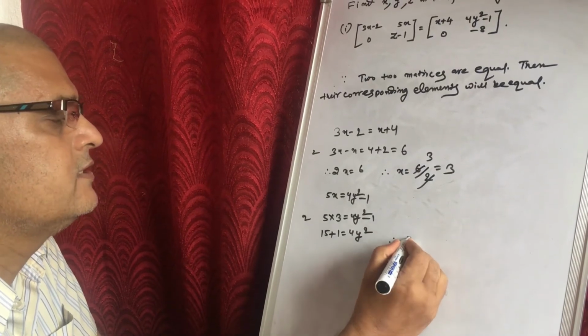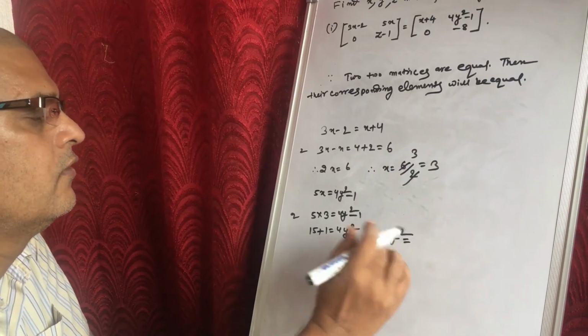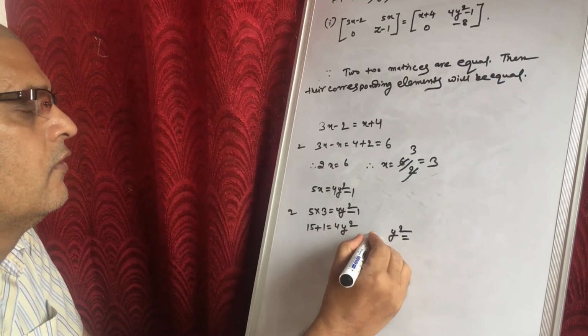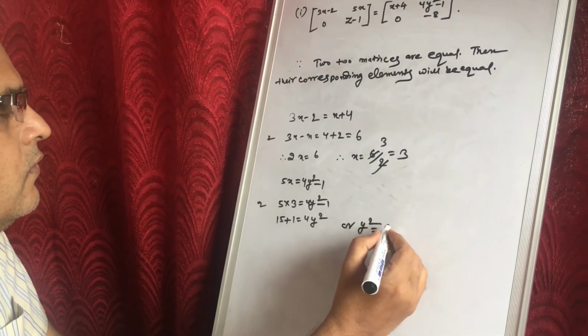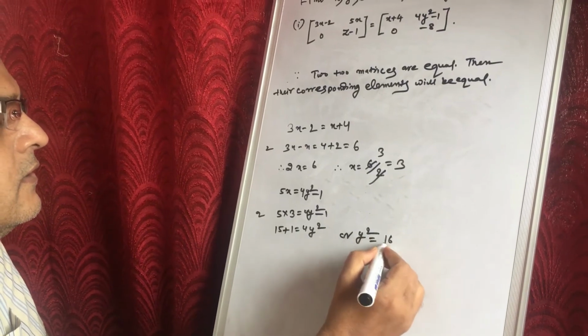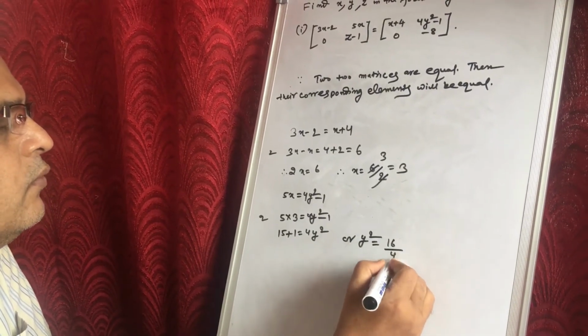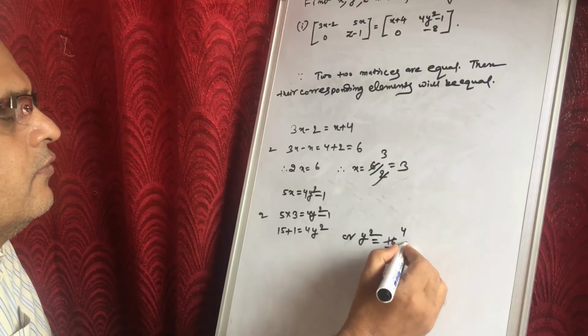So y square is equal to 16 by 4, which is 4.